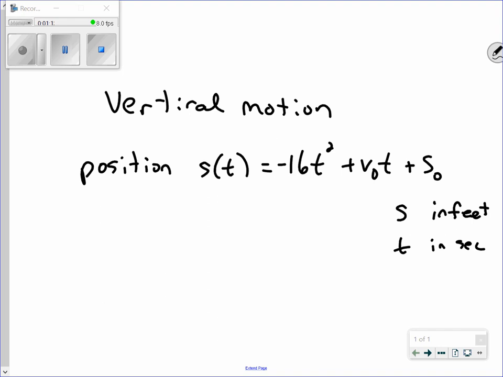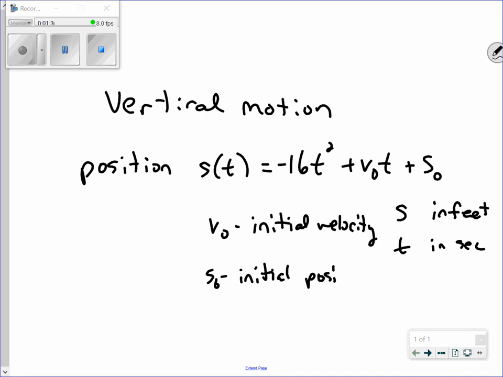The two subscripted variables here, V sub 0 stands for the initial velocity, and S sub 0 stands for the initial position. Some people use V sub I and S sub I for that, but I'm going to use 0, meaning at the beginning, at time 0. All right, so that's position.